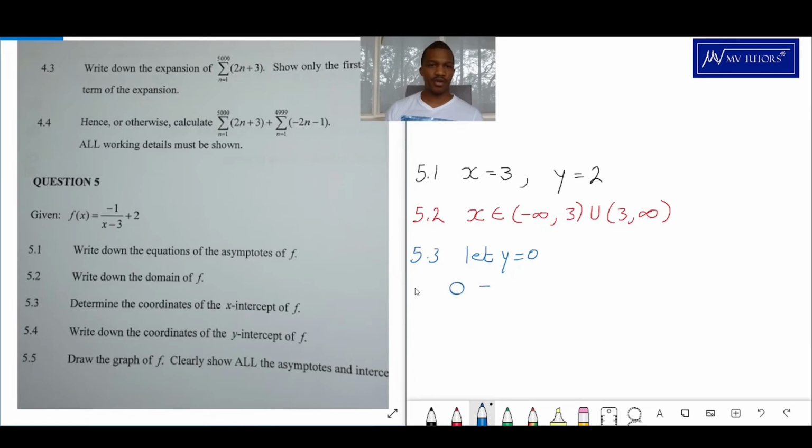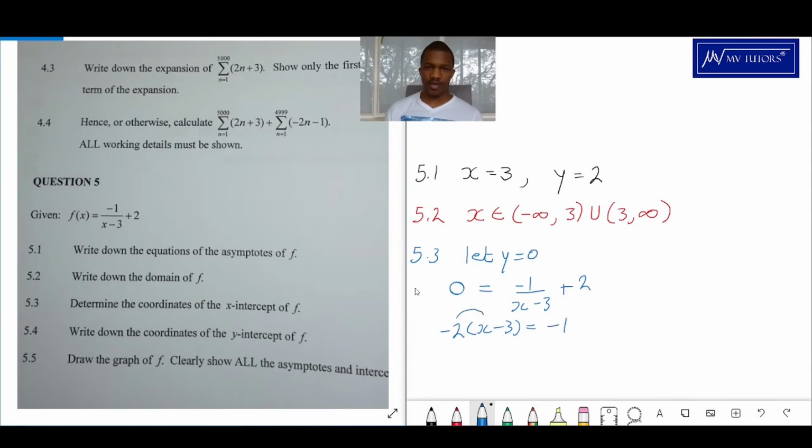So the function is going to be 0 is equal to -1 over x minus 3 plus 2. Okay, so what I'm going to do is take the 2 to the other side, and then it becomes -2. And then also multiply both sides by x minus 3, and that's going to be equal to, we're going to be left with minus 1 this side.